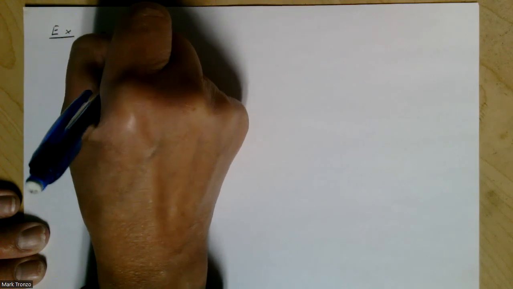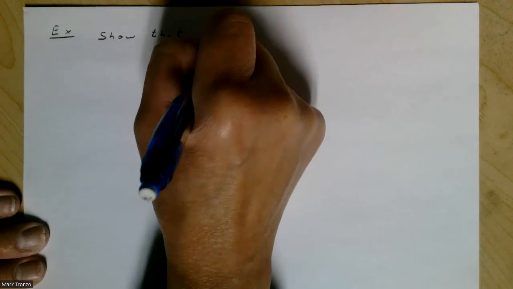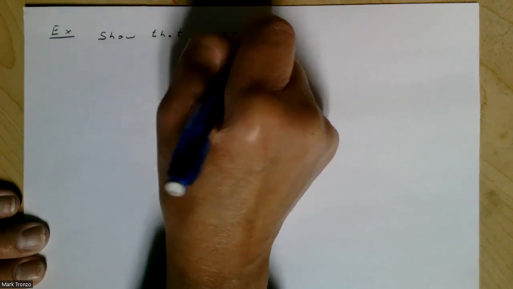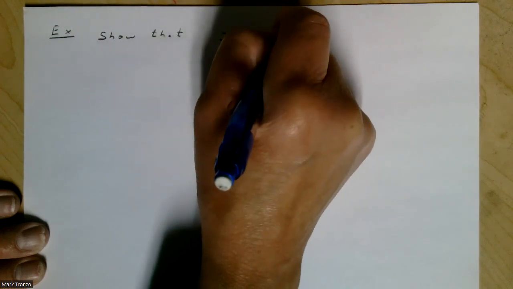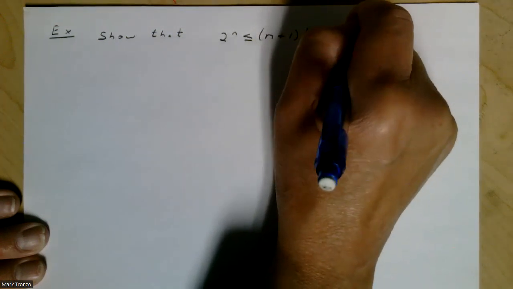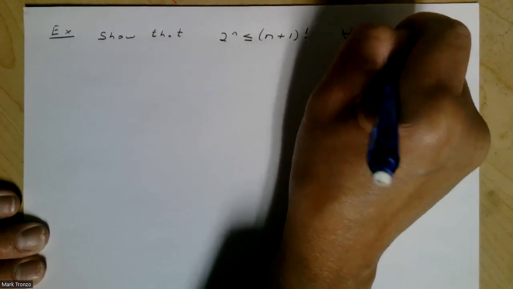So let's do another one. Show that 2 to the n is less than or equal to n plus 1 factorial for all n greater than or equal to 1.